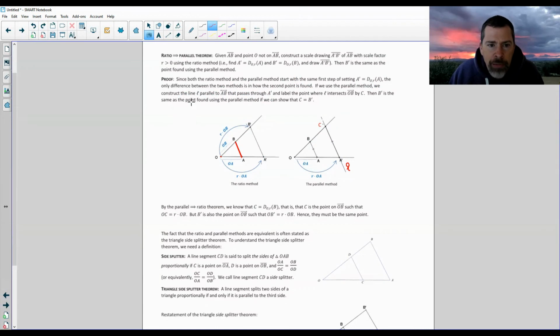Then B prime is the same as the point found using the parallel method if we can show that C equals B prime. So we want to prove that this C is equal to B prime.